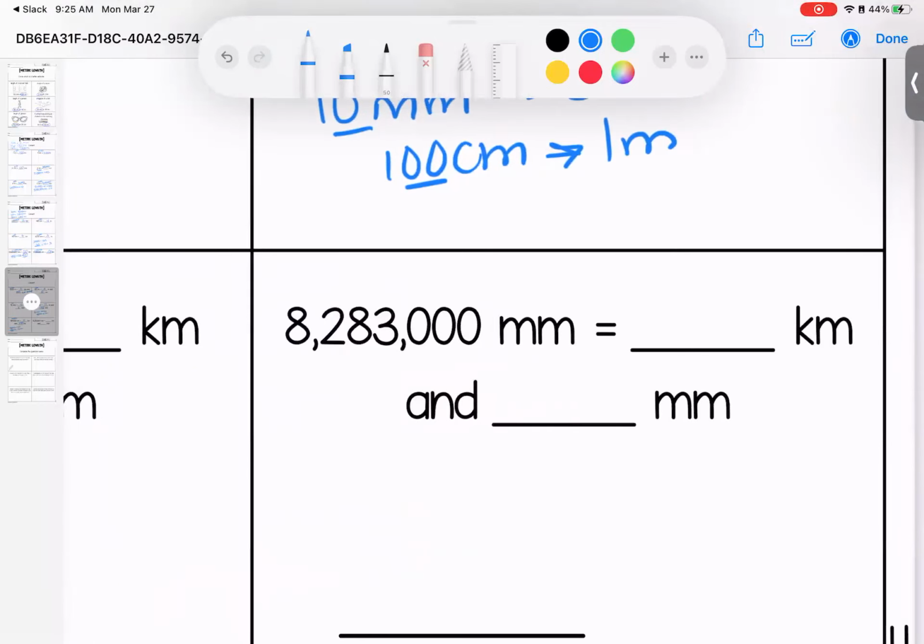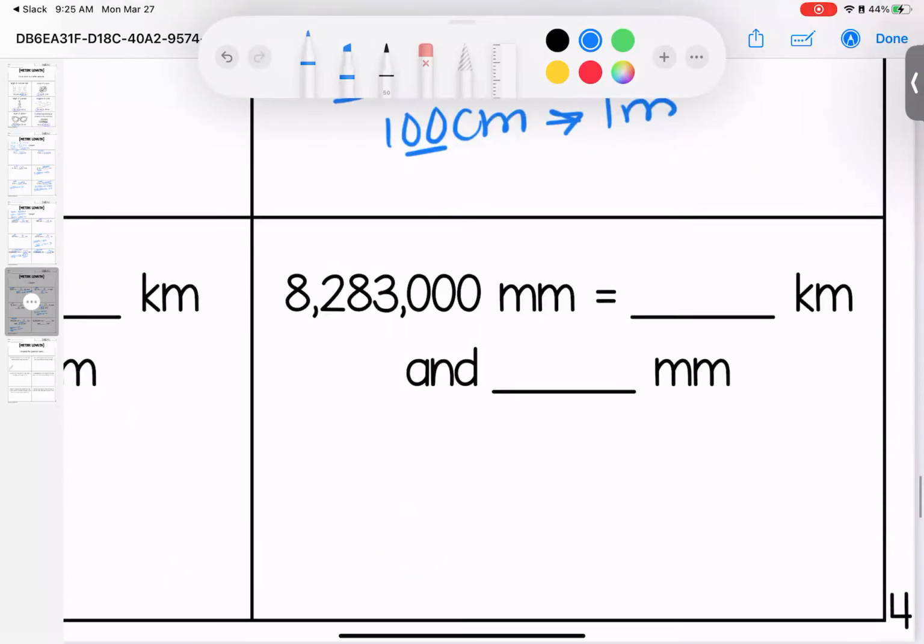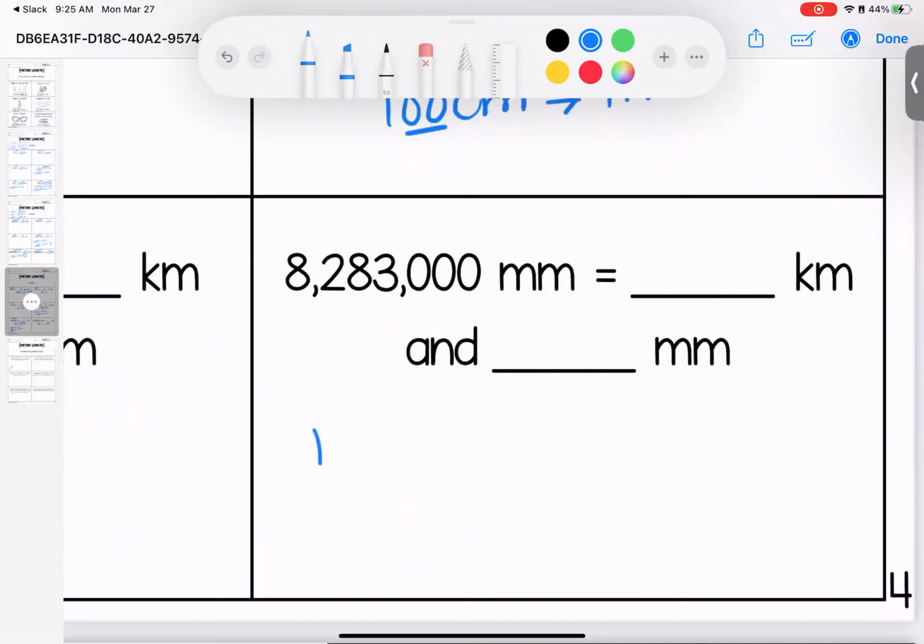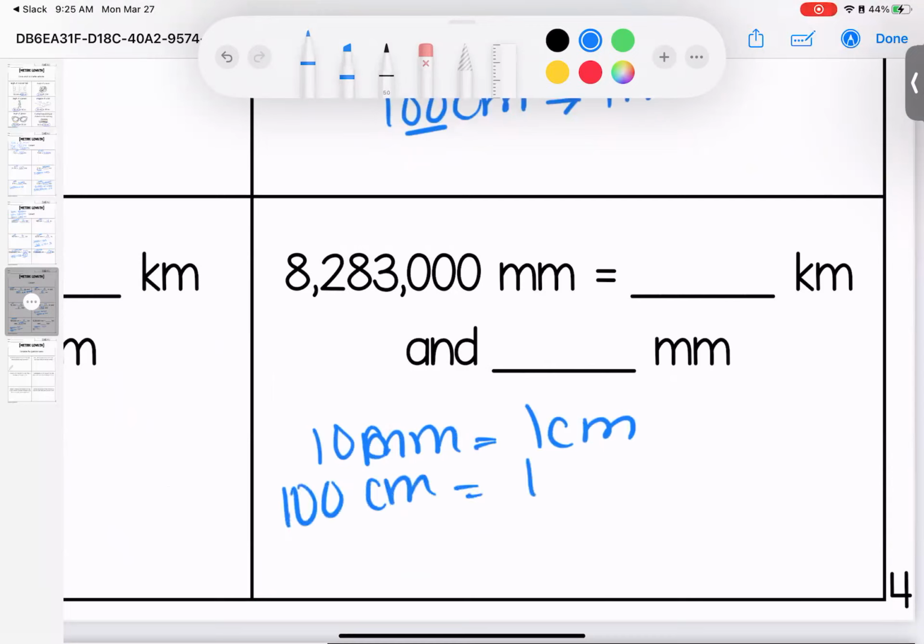Last one, we're talking about lots and lots of zeros here. So let's work it through and count our zeros. There's 10 millimeters in 1 centimeter. There's 100 centimeters in 1 meter, and we need to get all the way to kilometers. There's 1,000 meters in 1 kilometer.